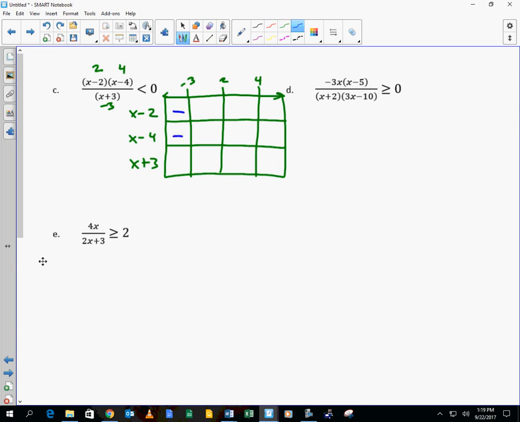Negative, negative, negative. My favorite number? Negative, negative, positive. 3, positive, negative, positive. 5, positive, positive, positive.